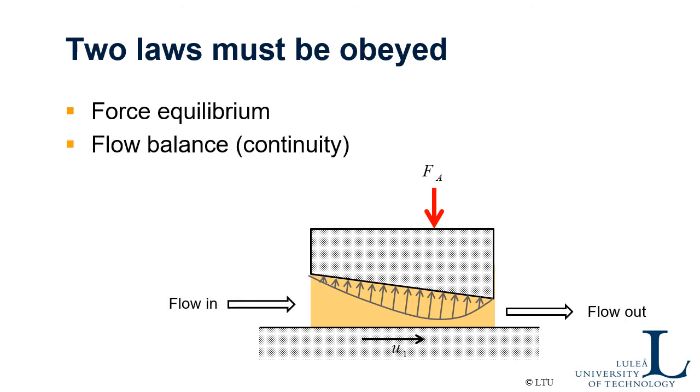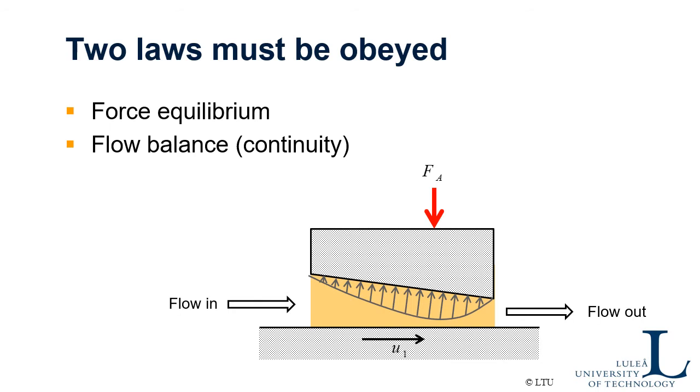Secondly, there is a need for flow balance or flow continuity. The lubricant that comes into the bearing at this inlet end must be the same flow that goes out. So the flow in must be equal to the flow out, and it must also be the same flow in each intersection along the bearing film.